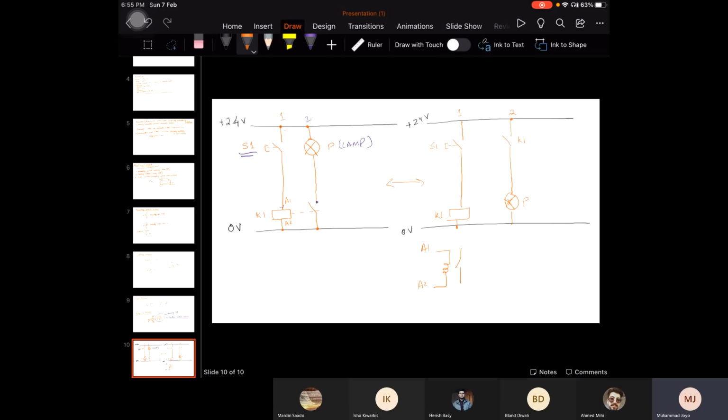There are many normally open contacts in a relay, so I'm just using one of them here. Maybe in a later circuit I have to use another K1 switch to operate another lamp, P2. So there can be a third, a fourth, a fifth one as well. It depends.